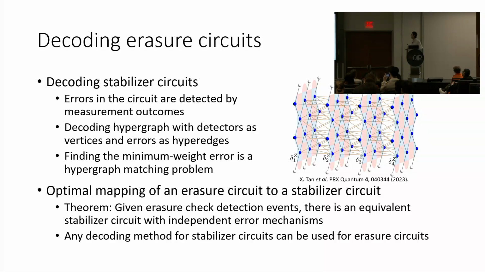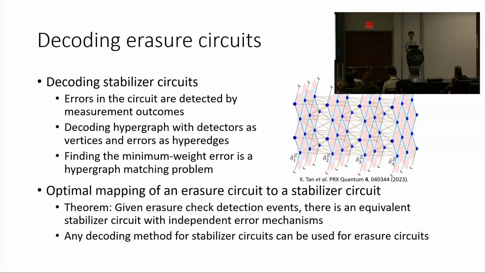And by equivalent, I mean that the distribution of errors caused by erasures in the original circuit is exactly the same as the distribution of errors caused by the Pauli noise in the new stabilizer circuit. And after we do this, we could just use any method for decoding stabilizer circuits on this new circuit. And I want to emphasize that the mapping can be done exactly. So any suboptimality is actually caused by the decoder and not by the mapping itself.